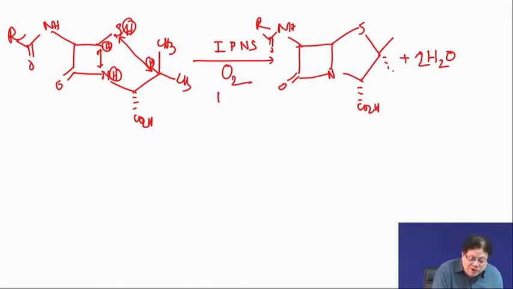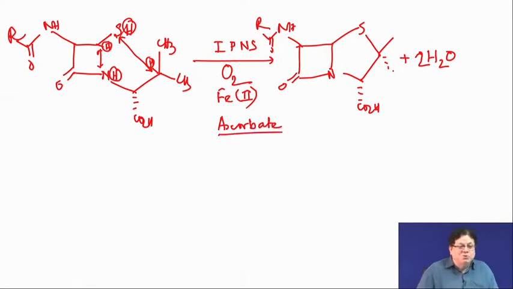This reaction requires iron as a cofactor, ferrous, and you know any ferrous requiring enzymes need vitamin C, the ascorbate, to keep the iron in the +2 oxidation state. Otherwise, if there is no ascorbate, it will go to the ferric.